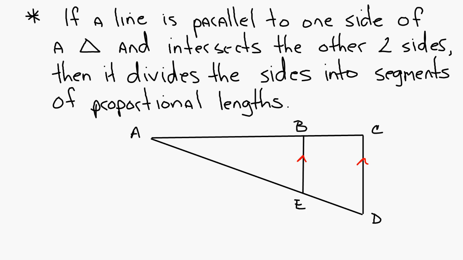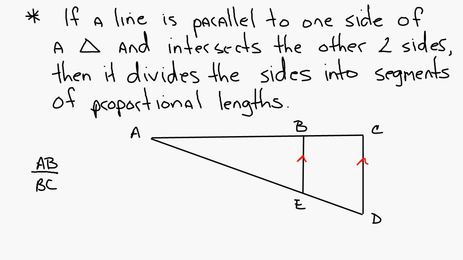Okay, so here's the rule. If a line is parallel to one side of a triangle and intersects the other two sides, BE is parallel to CD and it intersects these two sides. Then it divides the sides into segments of proportional lengths. That means segment AB over segment BC, this left segment over this right segment.